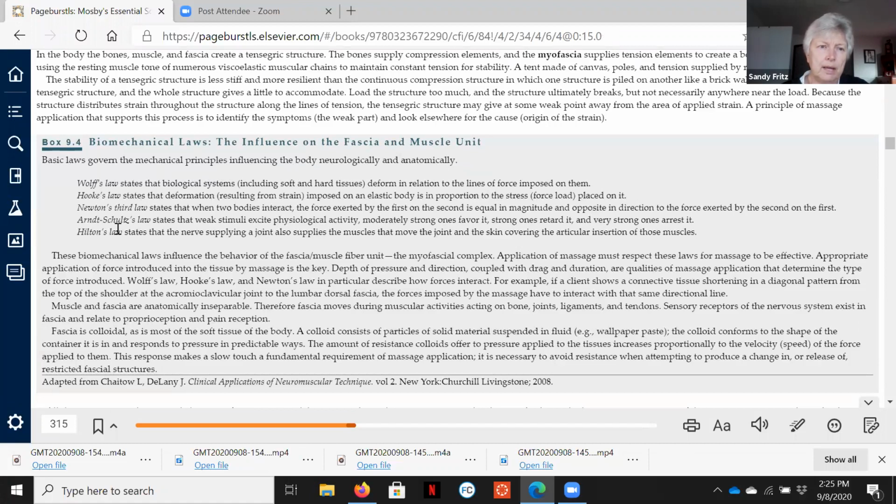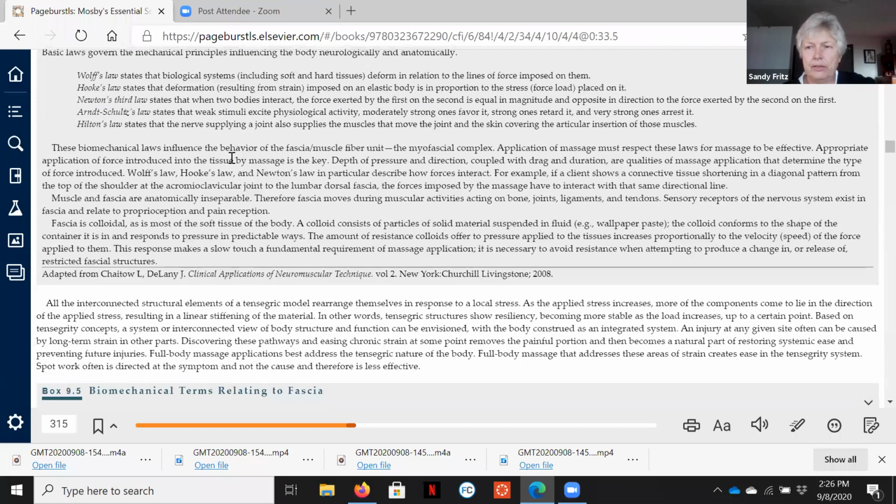So we also then have these biomechanical laws that have been around enough and shown themselves to be consistent enough that we can predetermine or anticipate what a muscle action is going to look like and how the innervation is going to take place.